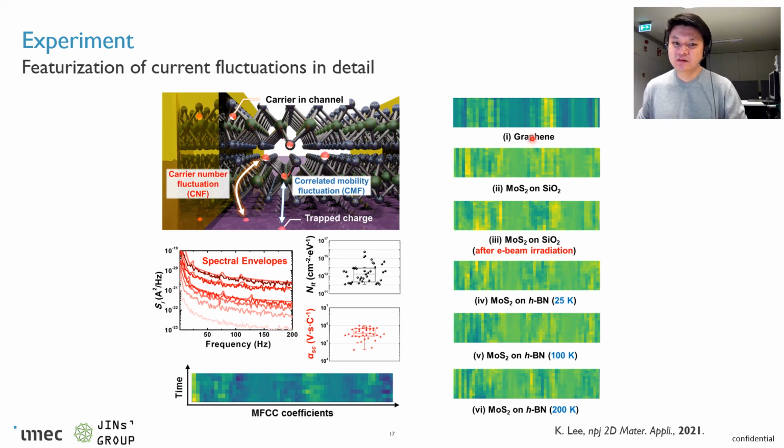While it is difficult for us to analyze and classify thousands of these engineered MFCC data with our own eyes, if we train using machine learning, we can characterize and classify the devices.